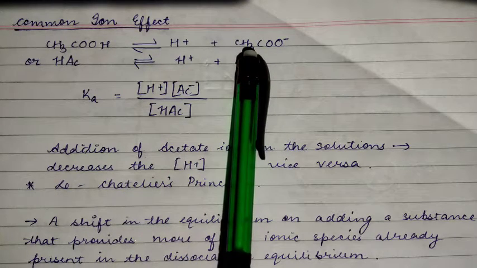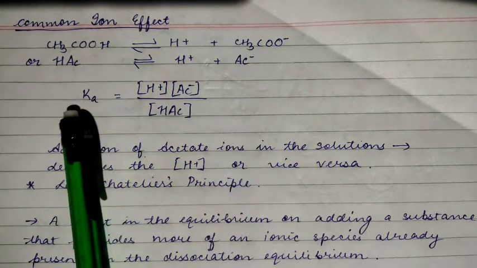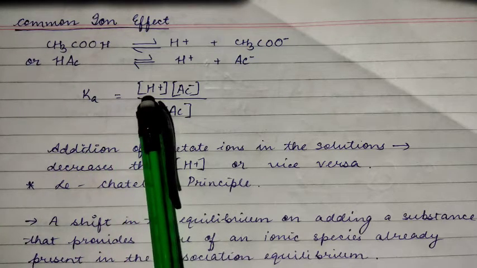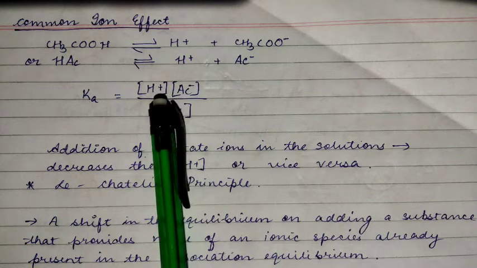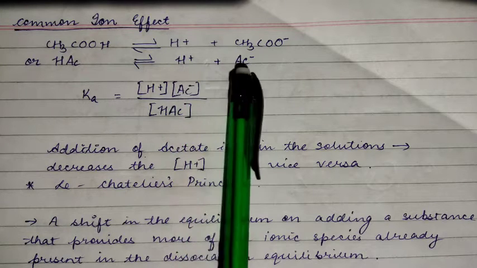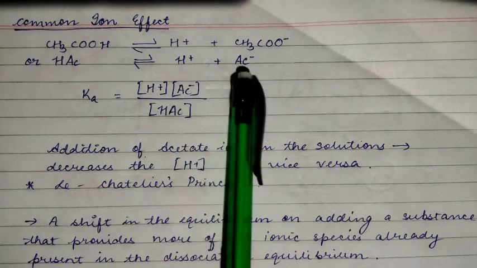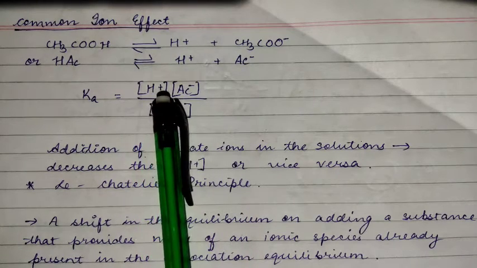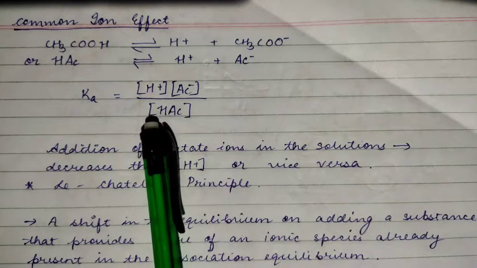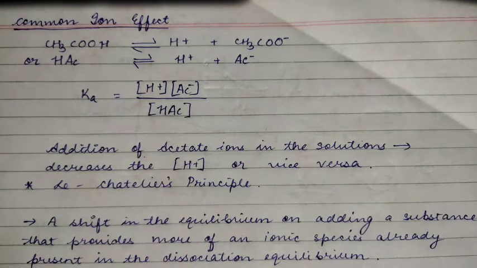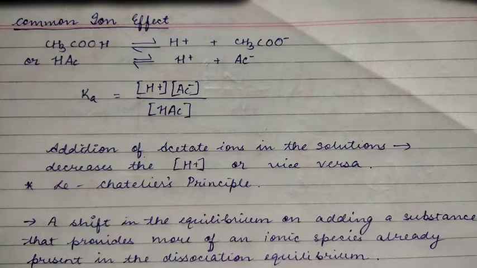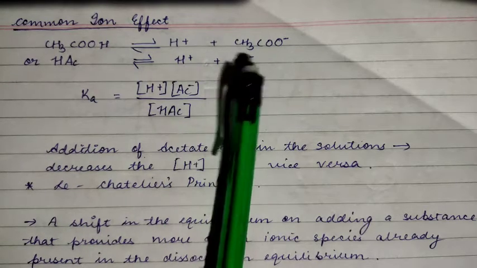For equilibrium, Ka, the equilibrium constant, is equal to the multiplication of the concentrations of the products, and our products were H positive and AC negative, hydrogen ion and acetate ion, divided by the concentration of the reactant, that is HAC. Now what are the ions that are present? H positive and AC negative, acetate.